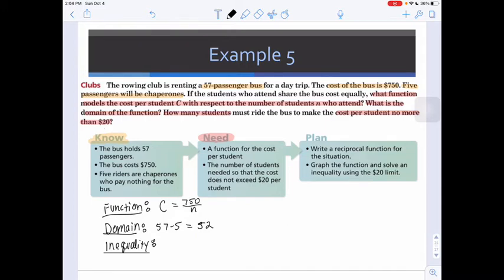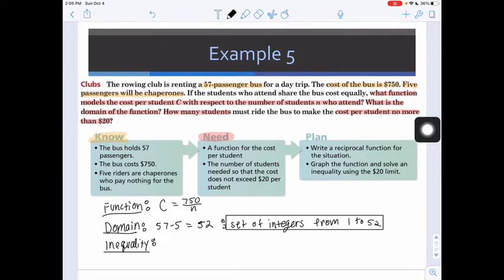However, that also is not specific enough. We can't say less than or equal to 52 because that includes some negative numbers as well as 0. It wouldn't make sense to rent a bus if we weren't having any passengers that were students. They wouldn't get a bus if they had no students going. So you would need at least 1 student, and you have a maximum of 52.